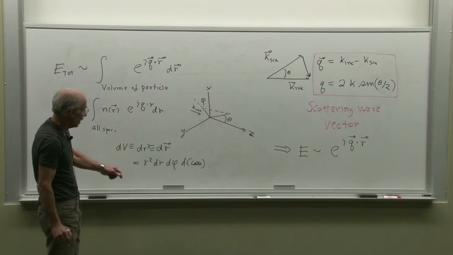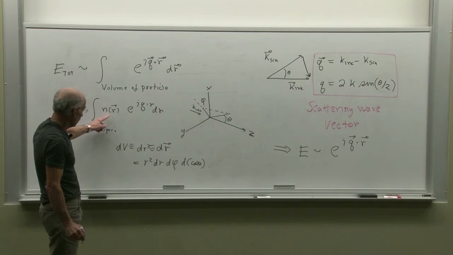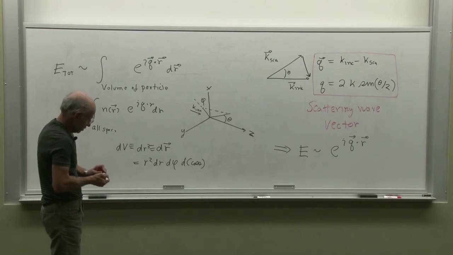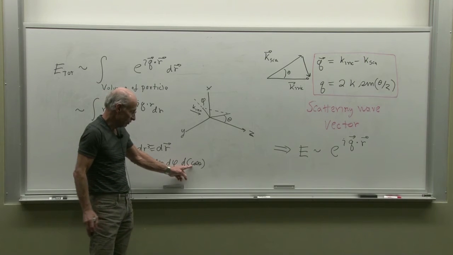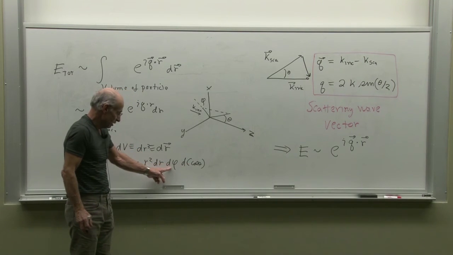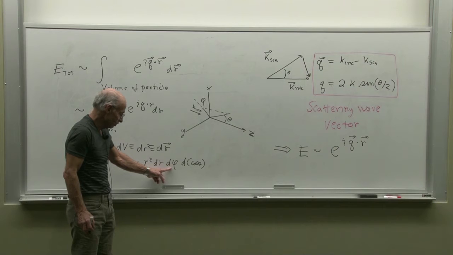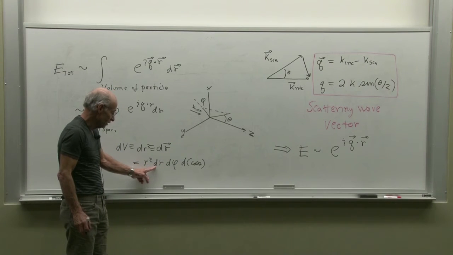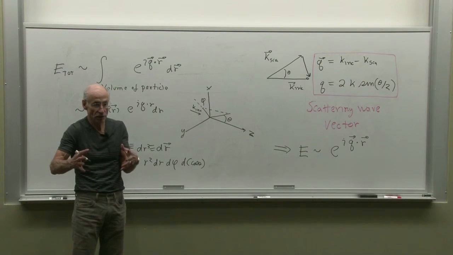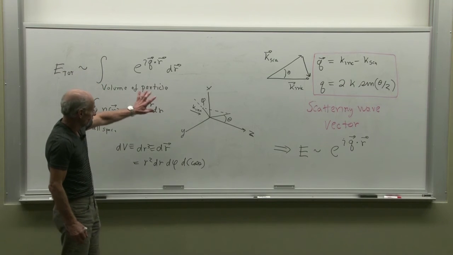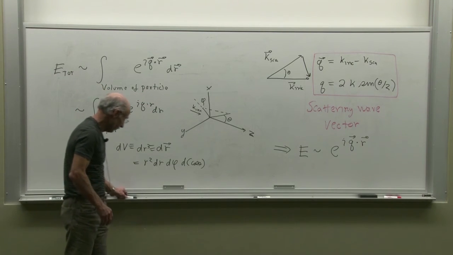So if you use that and integrate over cos theta from -1 to 1, phi from 0 to 2 pi, r from 0 to capital R, the size of the sphere, it will be a good exercise for you.